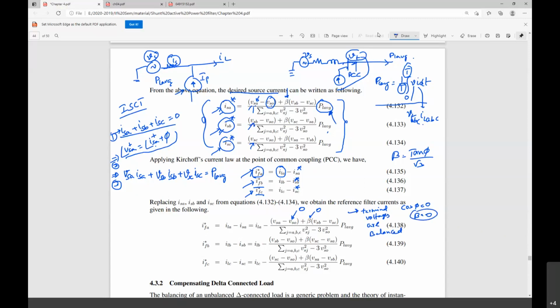We substitute beta equal to 0, and this expression becomes 0. I'm talking about this particular expression only; forget about ILA, ILB and ILC.